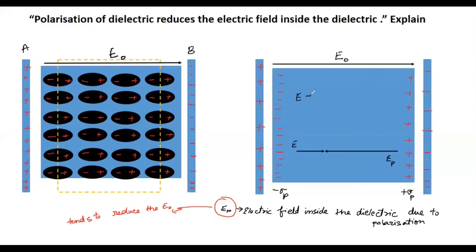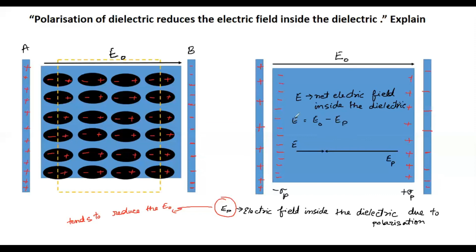Okay, where E is my net electric field inside the dielectric. And this net electric field E is nothing but the difference of E naught and EP, that means the electric field due to polarization.